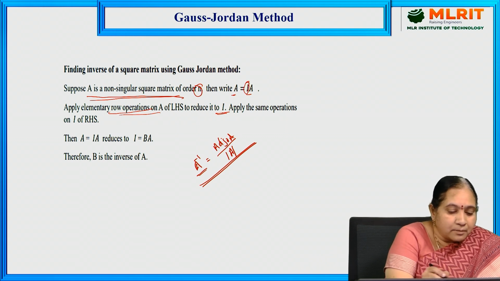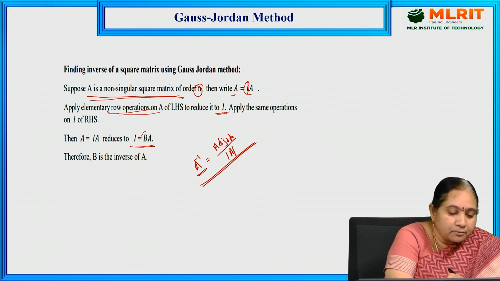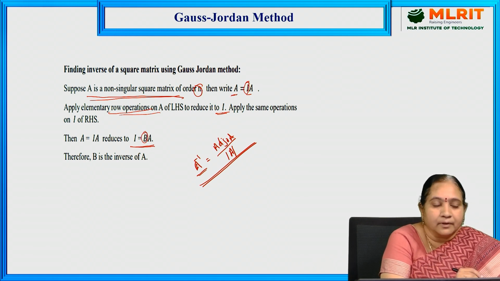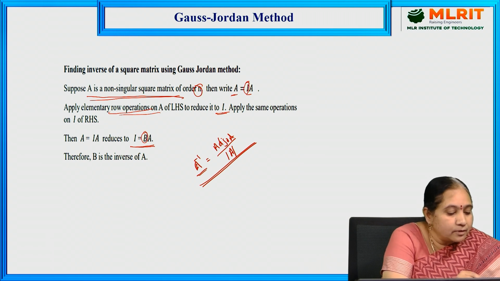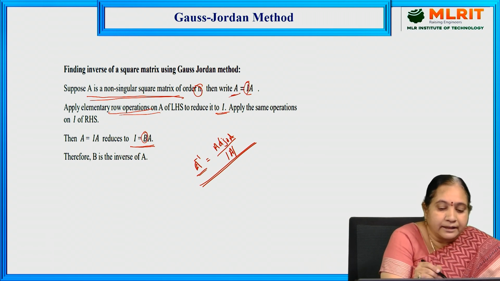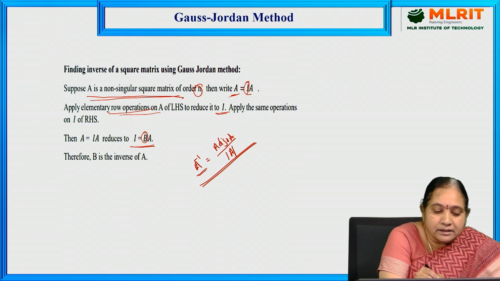Then this becomes I equals BA, so B is the inverse of the given matrix A. Whatever transformations we apply on matrix A on the LHS, the same transformations we apply on the RHS identity matrix.